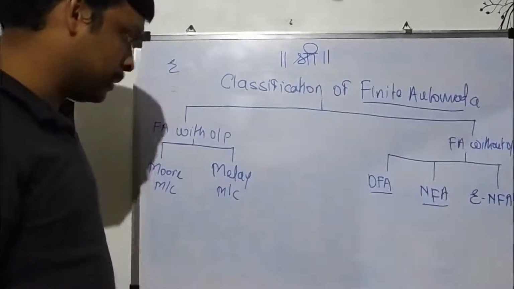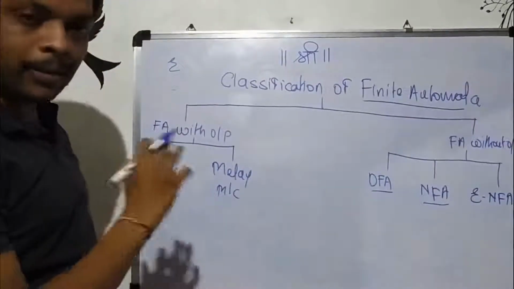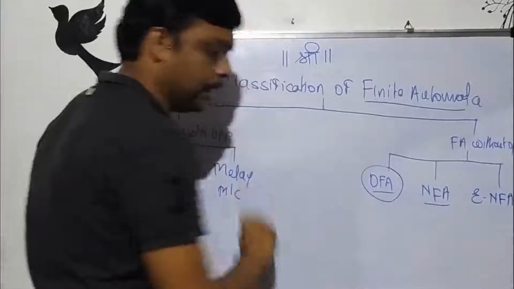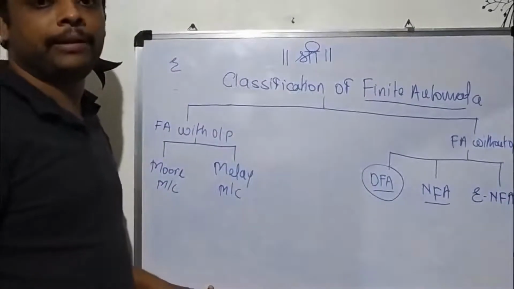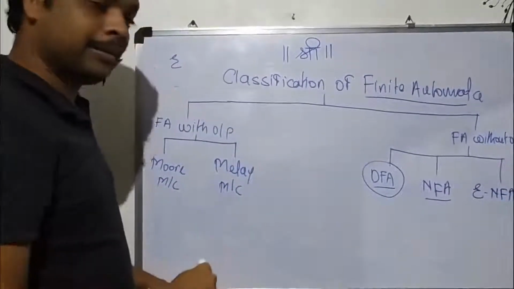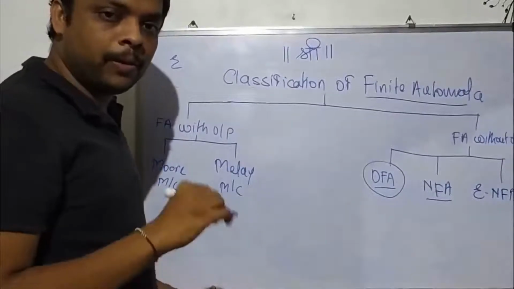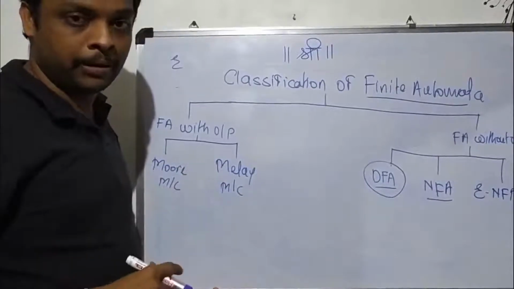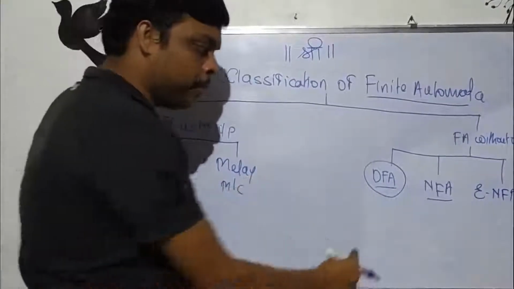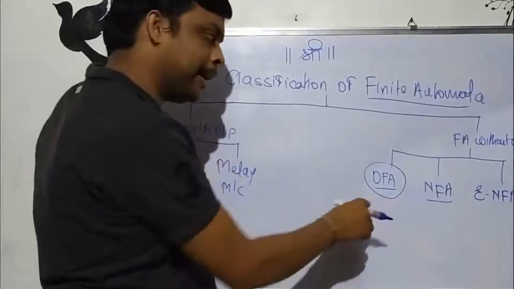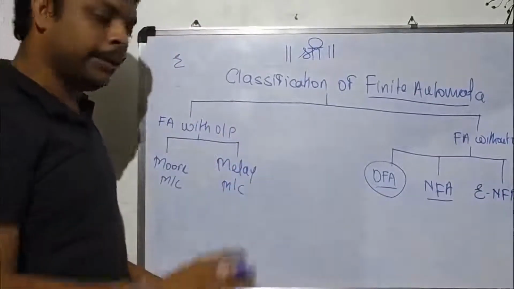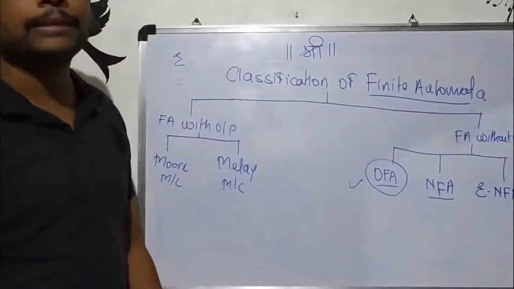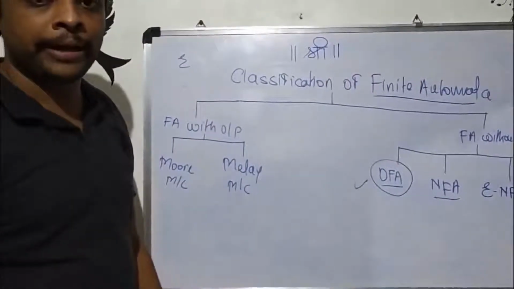Now, out of all these types, we will proceed with this one first, DFA, deterministic finite automata. Whatever example we discussed in our previous session, that diagram, if you remember, is a diagram of deterministic finite automata, and in this session also, with the help of the same example, we'll try to define this concept, that is deterministic finite automata.